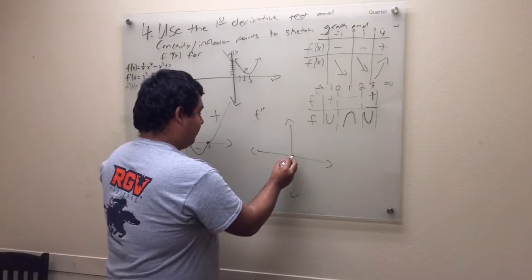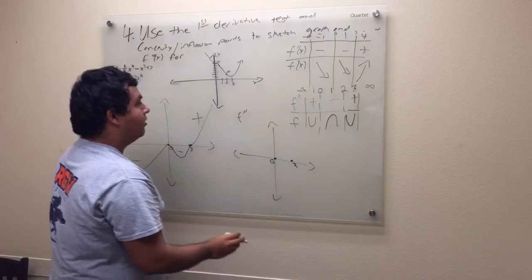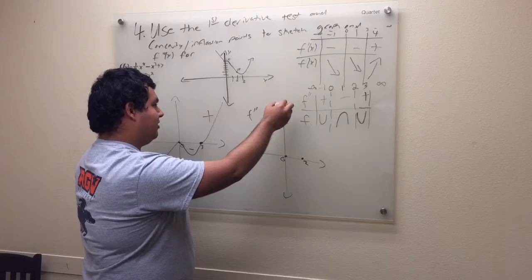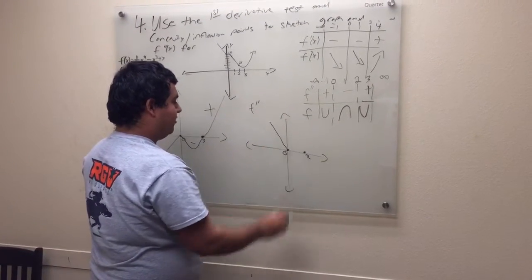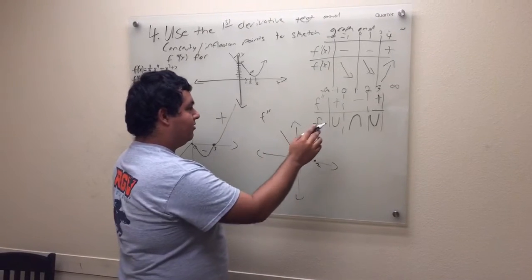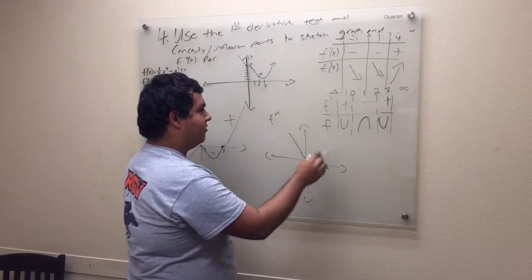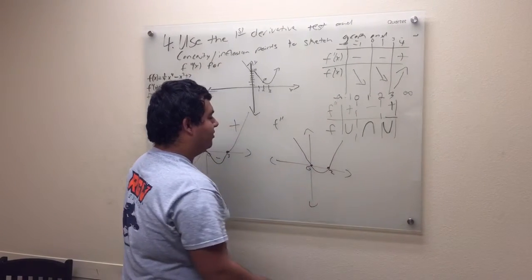We have our points 0 and 2. Alright, so from negative infinity to 0, it's positive. From 0 to 2, we can see it's negative. And then from 2 to infinity, it's back to positive.